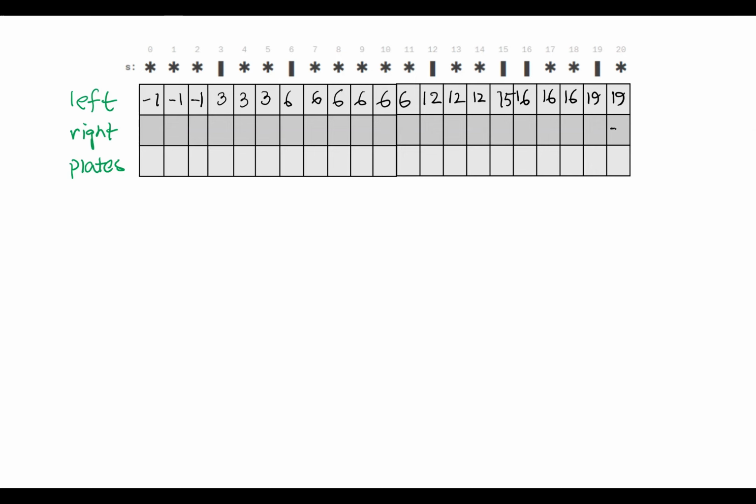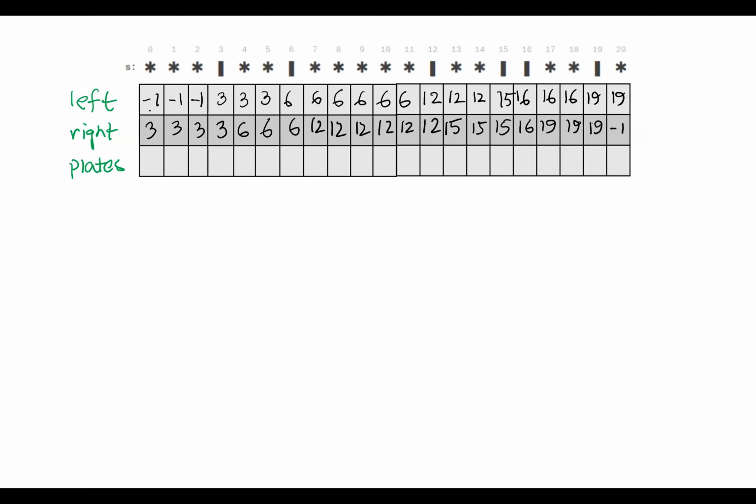There is nothing on the right, but this one has itself as the nearest right. 19 will also go there, 19, then 16, 15, 15, 15, 12, 12, 12, 12, 12, 12, 6, 6, 6, 3, 3, 3, 3. So these are the indices of the nearest right candles.